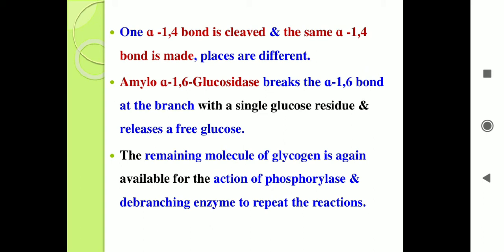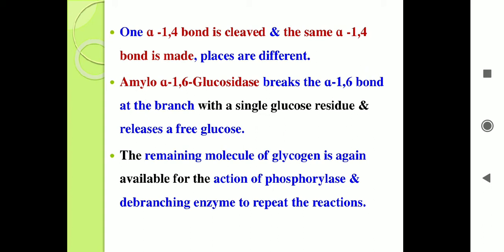Okay, so this amylo alpha 1,6 glucosidase breaks the alpha 1,6 bond at the branch with a single glucose residue, and it also releases a free glucose. The remaining glycogen molecule is again available for the action of the phosphorylase enzyme, and again there is an action of the debranching enzyme to repeat the same reaction.